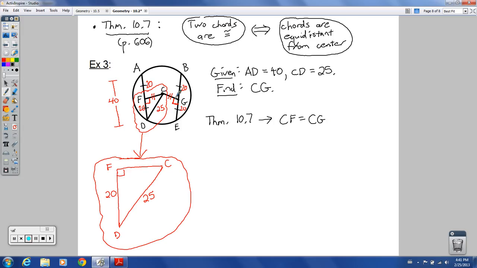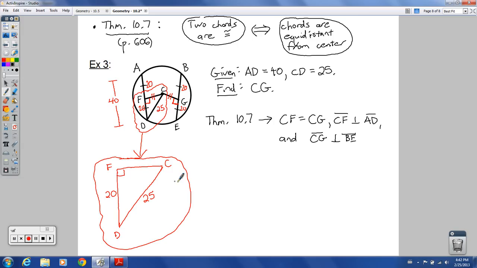So right here is equal to that. You can also say that segment CF is perpendicular to segment AD, and that segment CG is perpendicular to segment BE.